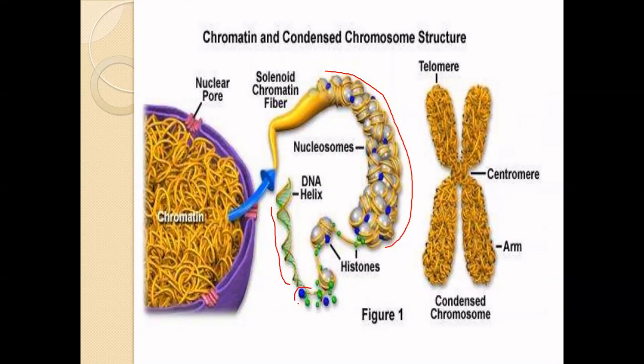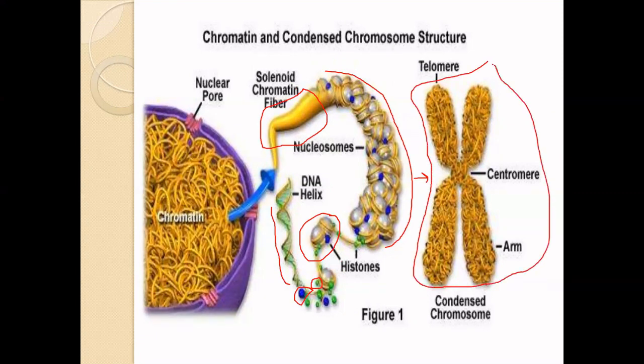These are the histone proteins: yellow, blue and green are the histone proteins. These histone proteins complex with the DNA to form a histone-DNA complex, and they again complex to form the solenoid chromatin fiber structure. After that, they form the chromosome, the typical structure of the chromosome.